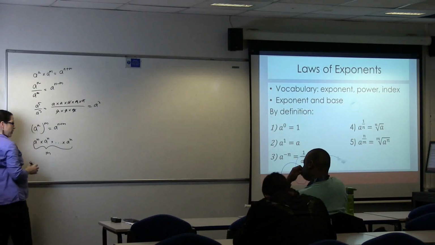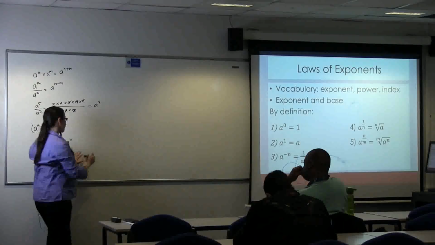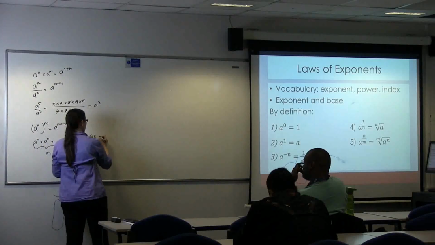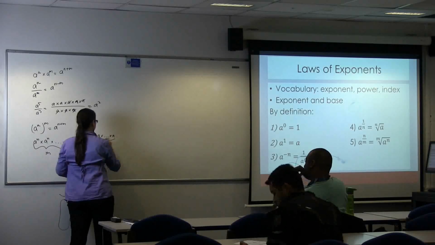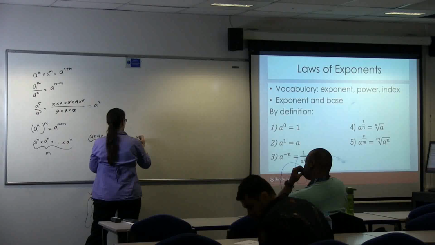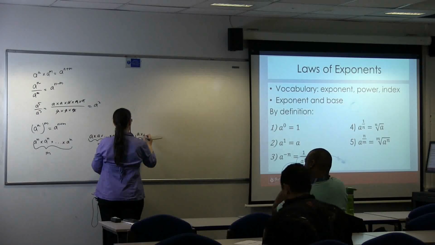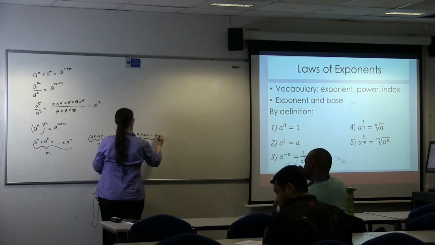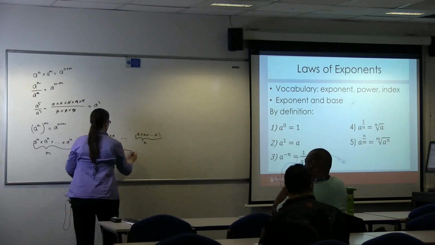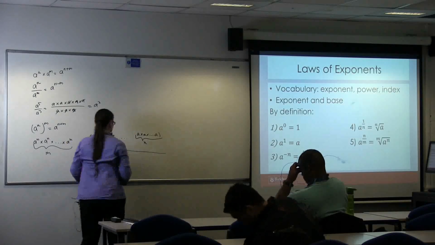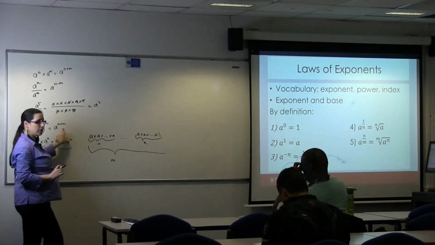Every one of these a's I can break out into n times, and I have it again, n times, but remember that altogether I had m terms of these. So altogether I have n times m a's.